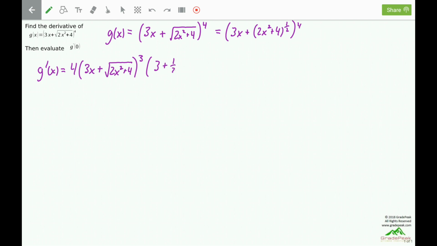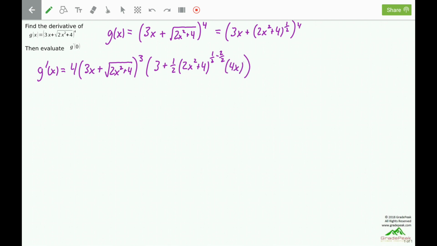Well, that is, bring the power down, leave its inside alone, subtract 1 from that power, 1/2 minus, I will call it 2/2. And because the inside of that power is not just an x, but something bigger, an expression, we have to take the derivative of that inside. The derivative of 2x squared will be 4x. The derivative of 4 will be a 0, so we multiply by a 4x.